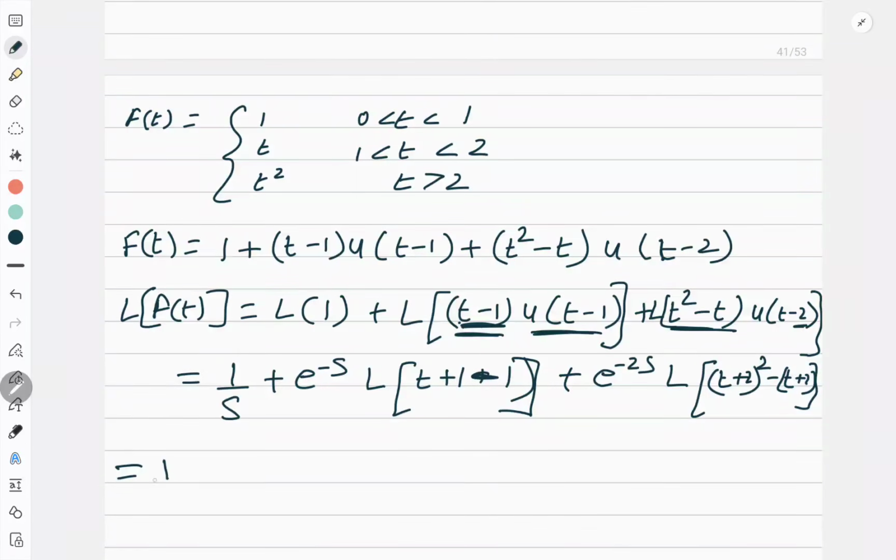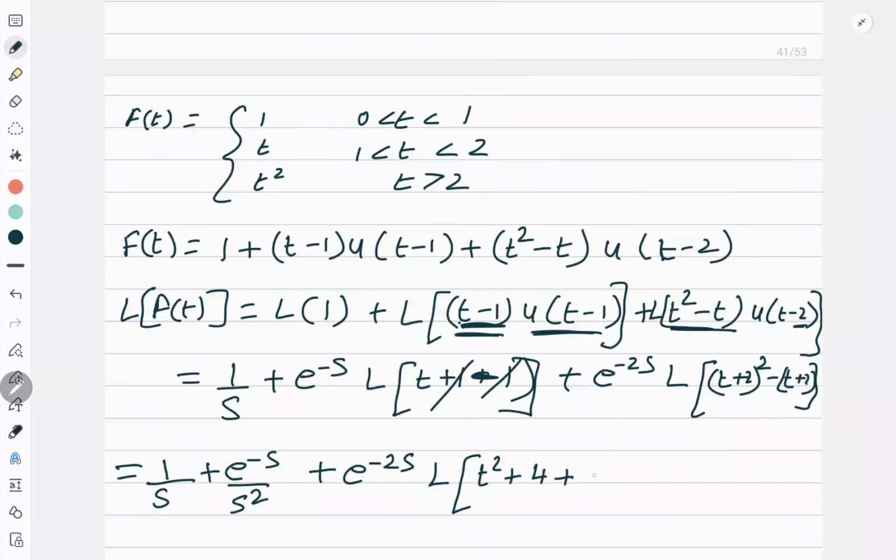So this will become 1 by s plus e to the power minus s, and Laplace of t is what? 1 by s square, because 1 and minus 1 get cancelled. So L of t is 1 by s square, plus e to the power minus 2s and Laplace of, let me open the bracket, t square plus 4t plus 4 plus 4t minus t minus 2.